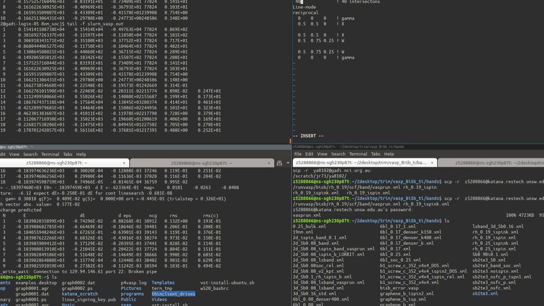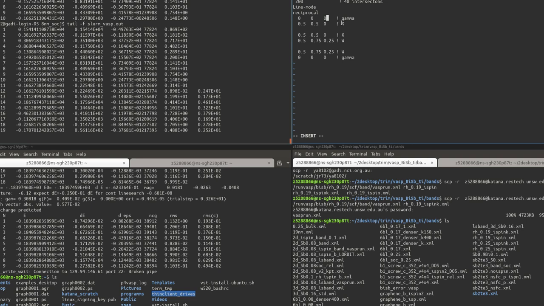Let's say that we want 200 kpoints between each pair of high symmetry points. So between gamma and X, we will have 200 kpoints, and that will give us a really smooth band structure.